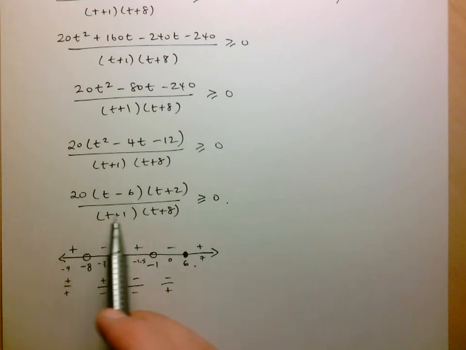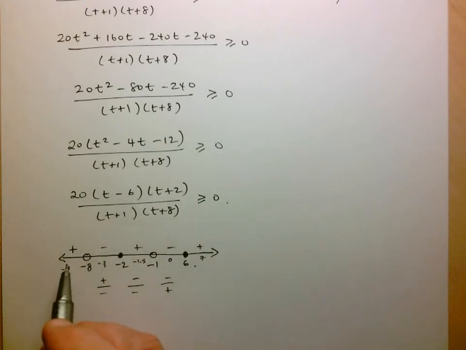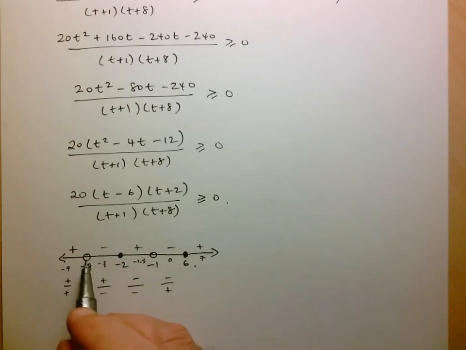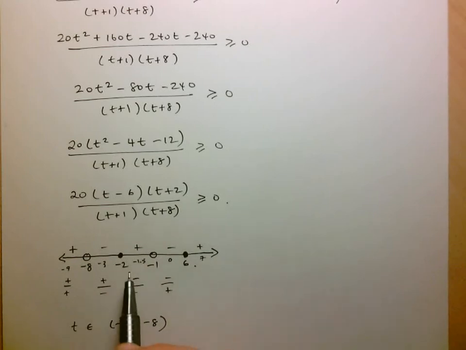So when is this expression greater than or equal to 0? Well, from negative infinity to negative 8, and here I see my open circle, it's a vertical asymptote, I don't want to include negative 8. Then I see that it's also positive between negative 2 and negative 1. Here I want to include negative 2, so I use square brackets, but I don't want to include negative 1.